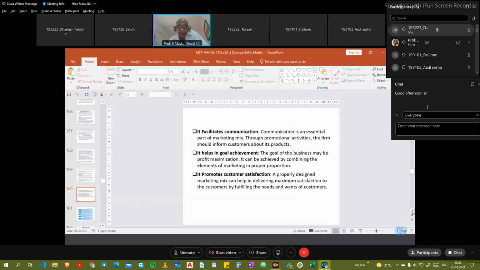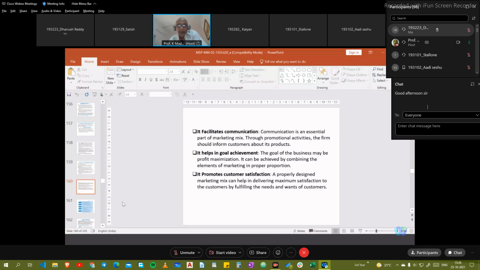And communication is clear, not only within the firm, but also external with the customers, with the stakeholders, with the distribution channels. And probably the likelihood of the goal being achieved is much, much better. So it all leads to profit maximization in this context and also satisfaction and building partnership with all those who are involved. Finally, it's the customer satisfaction that deals with this.